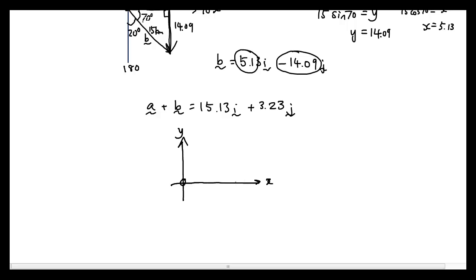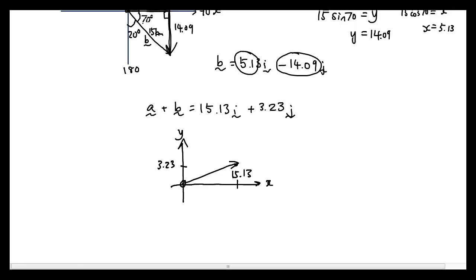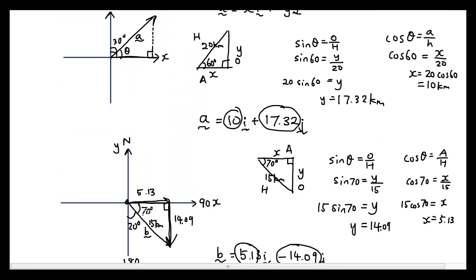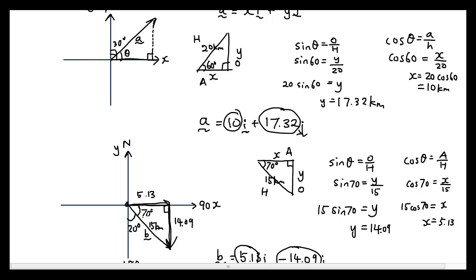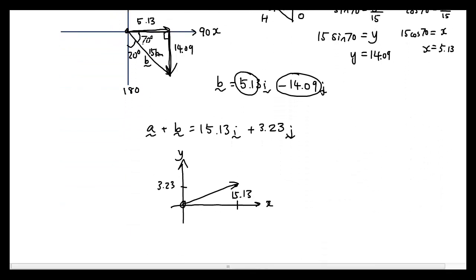So this is 0. We move to the right 15.13, and then we move up 3.23. So this is our resulting vector. Okay, so then what we want to do is find the magnitude and the direction of this vector.